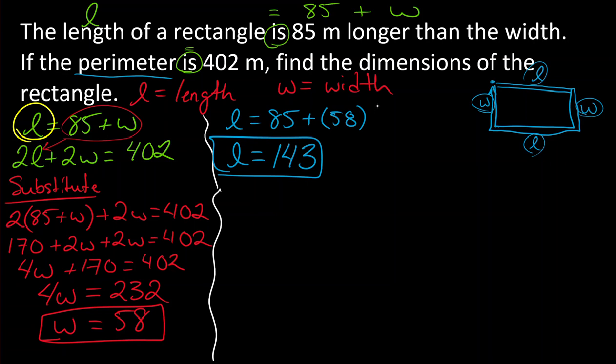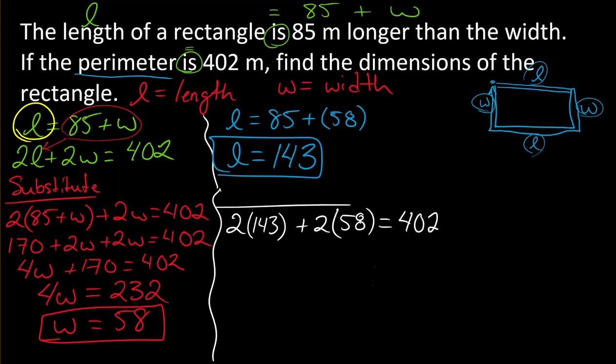Now we want to check our information, double check that our length and our width are actually accurate with the other equation. We haven't really done anything with this second equation yet. We used the first one, but we haven't used the second one. So 2L, which is 143, plus 2W, which is 58.